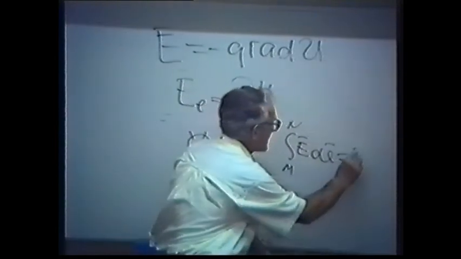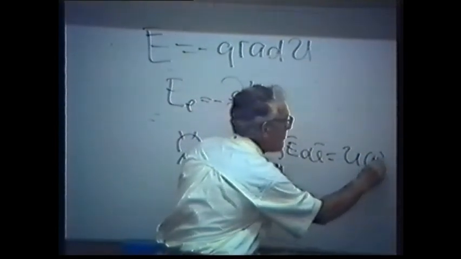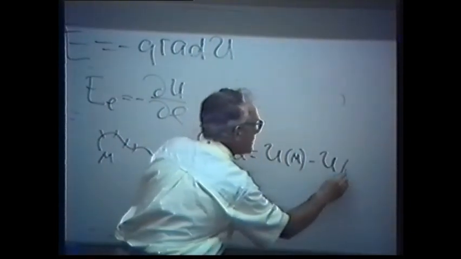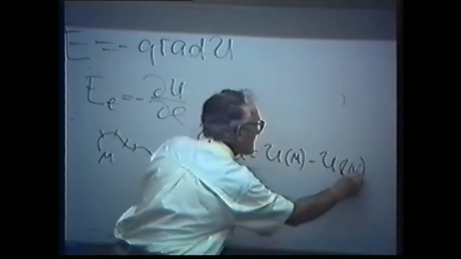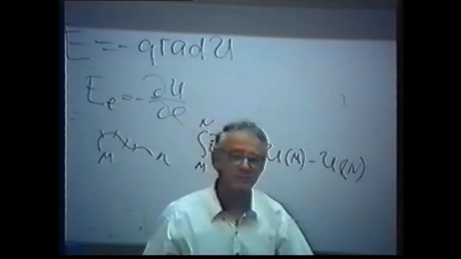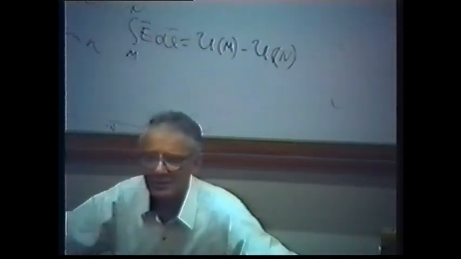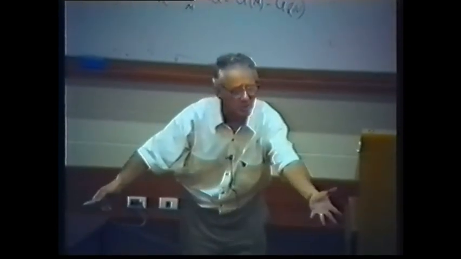It's equal to potential at point M minus potential at point N. But I don't advise you to tell me that the voltmeter knows about potential. It does not know at all. We introduced it. So the voltmeter does not measure difference of potential.